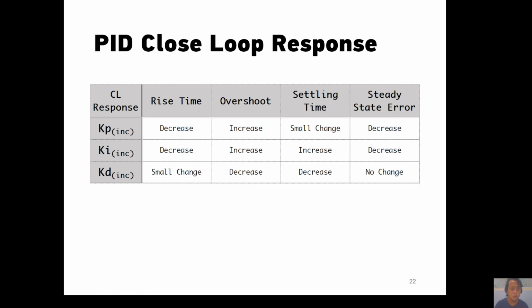When we want to decrease the overshoot, we need to increase the Kd like this. If we want to decrease the rise time, then we need to adjust Kp and Ki to be lower than the first value. Like this. This is the closed loop response based on the PID.